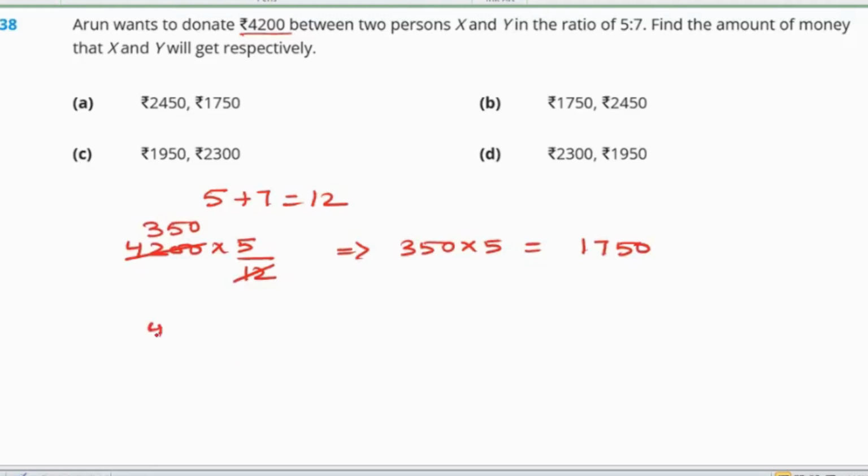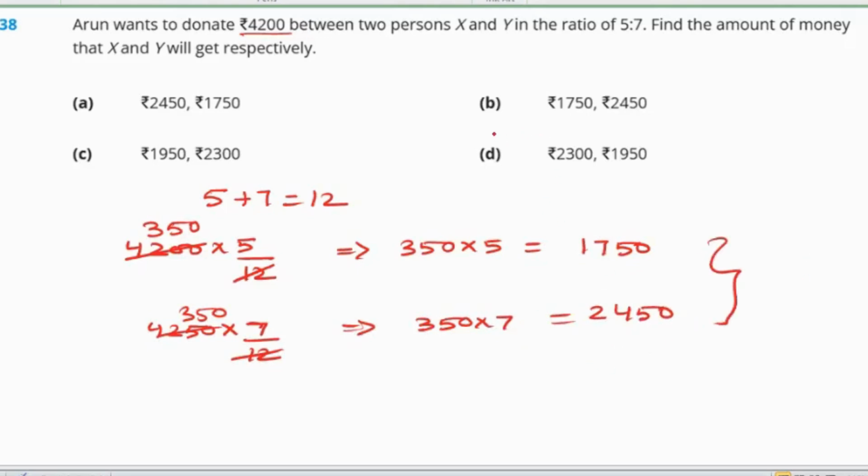Okay, again we need to do the same process to find the other one. So again we can cut it 350 times, and then we need to do 350 times 7. And if we do 350 times 7, we will be getting 2450. So shares are 1750 and 2450, which is option number B.